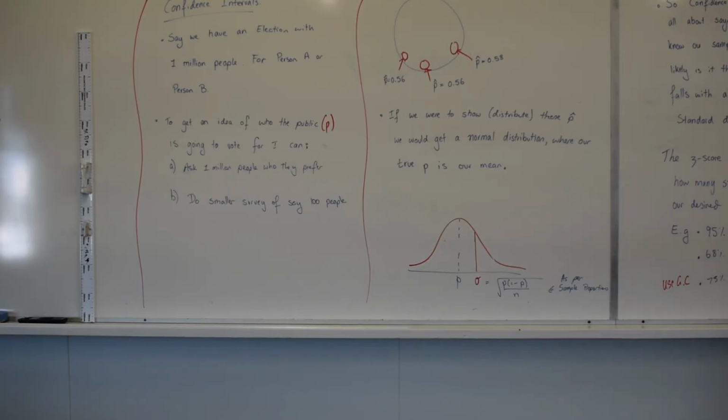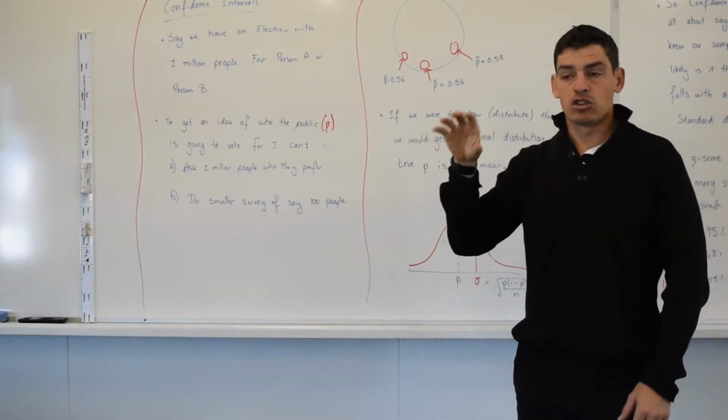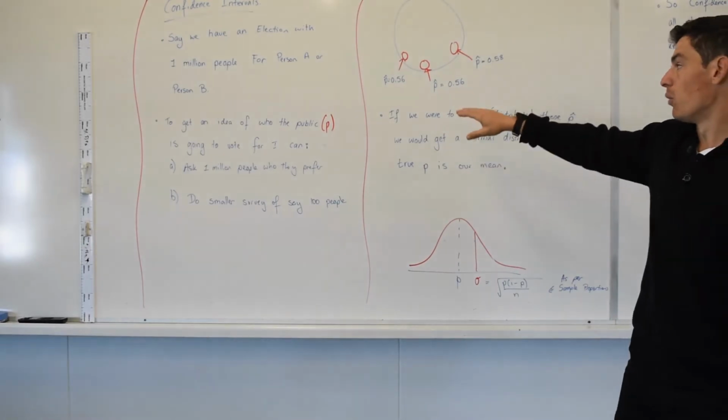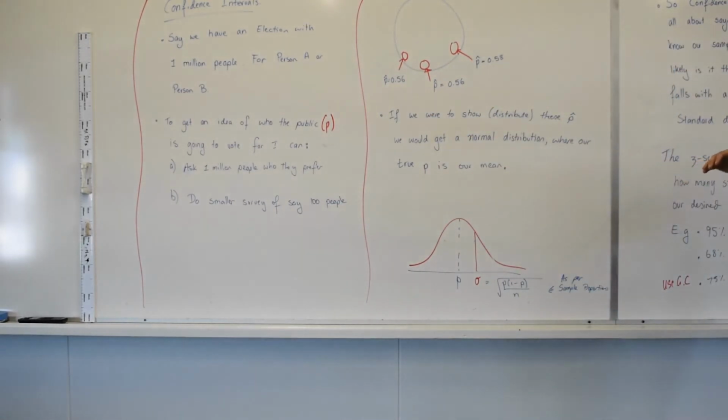Cool. So I set my Z-score, I set how many standard deviations, depending on how confident I want to be. So if I pull out, say, this 0.56, and I want to be 95% sure, I want to know what my population proportion is within 95% confidence.